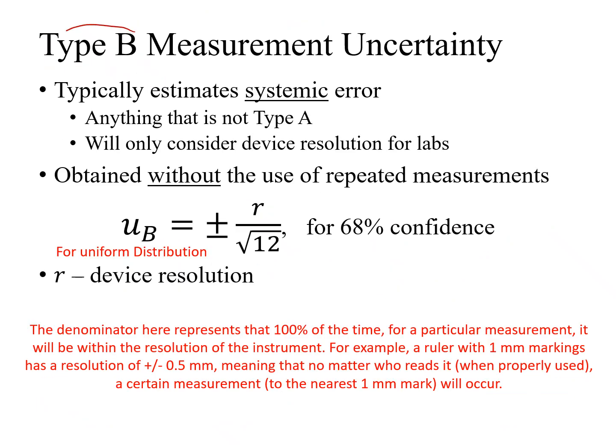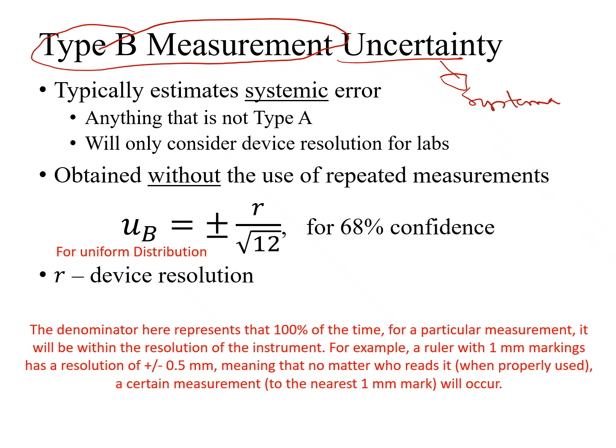Now type B uncertainty measurement is related with the systematic error. So type A is related with the random error, and this one is related with the systematic error. Okay. So how do you calculate that? Again, when you talk about type B measurement uncertainty, it could be due to various reasons.